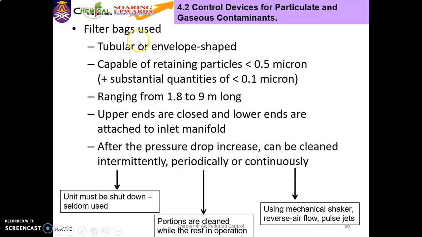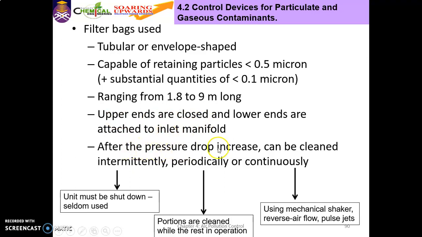As you can see just now, the filter bag is tubular or envelope shaped. Tubular, open at the bottom, closed at the top. Capable of retaining particles less than 0.5 micron, ranging from about 1.8 to 9 meters long. Upper ends are closed and lower ends are attached to the inlet manifold.